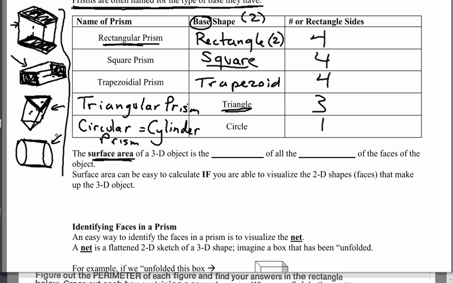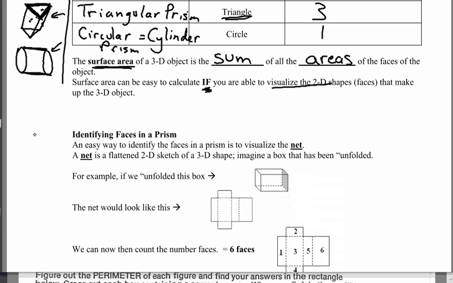So to get the surface area of the 3D object, it is going to be the sum total, add up all of the areas of the faces of the object. Surface area can be easy to calculate if you're able to visualize the 2D shapes. That's the hardest part, understanding what are the two-dimensional areas that we have to total up.